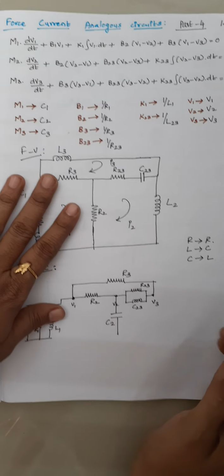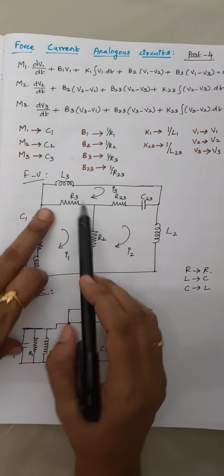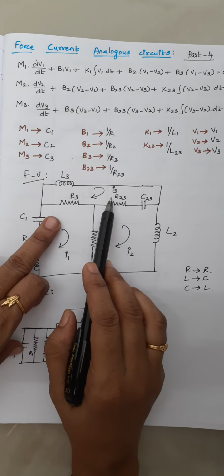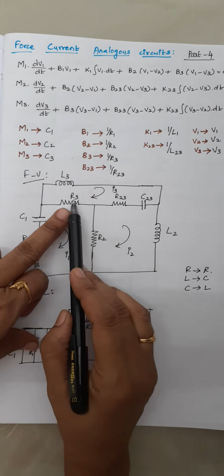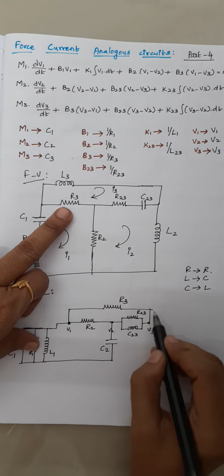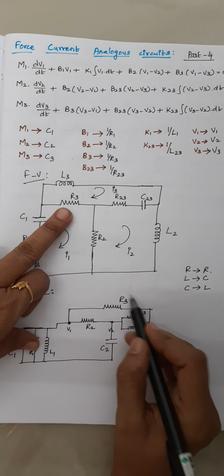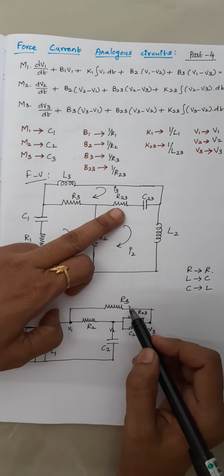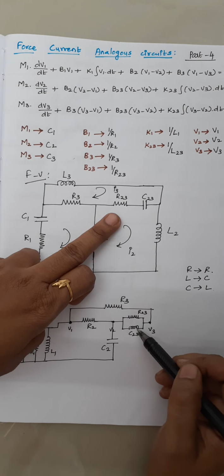Right, that's it. And the next one: just count the number of elements which are present in your loop 3. In this loop 3, you have 1, 2, 3 and 4, right? That is, R3 is present. So to this node 3 we have R3, which is already drawn.